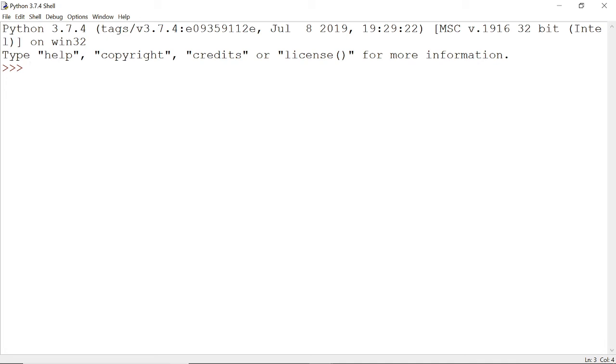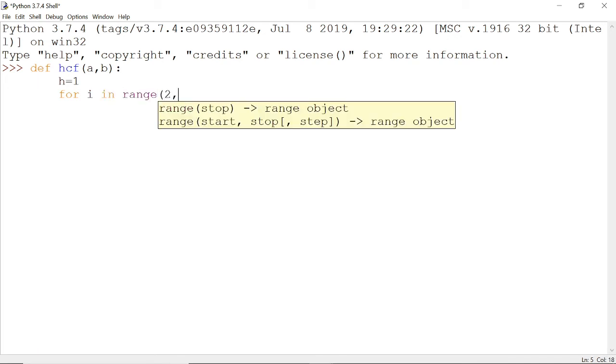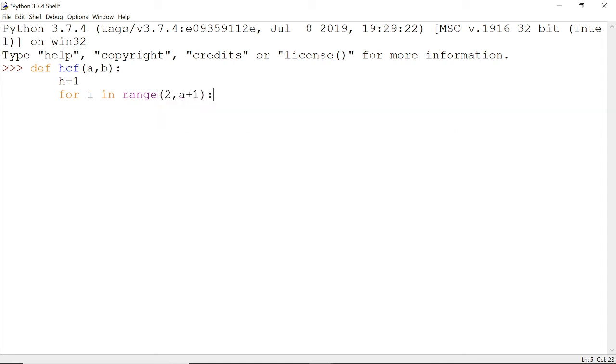Let's have a look at the program in the shell. So I start by defining my highest common factor function, which is going to take two parameters a and b. I start by setting a variable called h equal to 1, because 1 is a factor of any number, and then I check all of the values i in a range from 2 up to a plus 1 to see if i is a factor of both a and b.